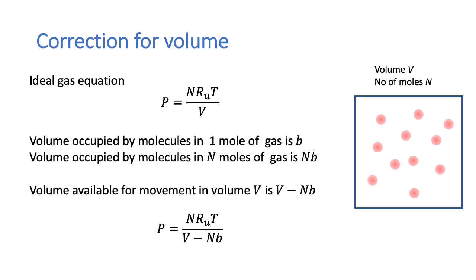So we can make a correction to the ideal gas equation and write it as P is equal to N RuT divided by V minus NB.